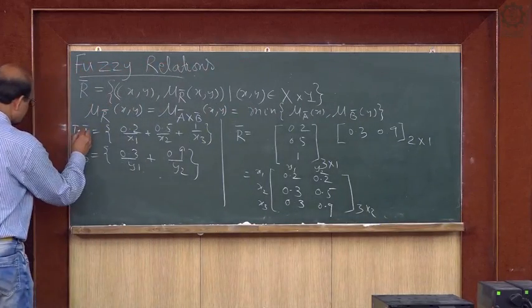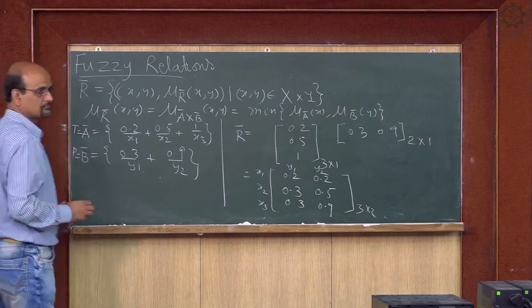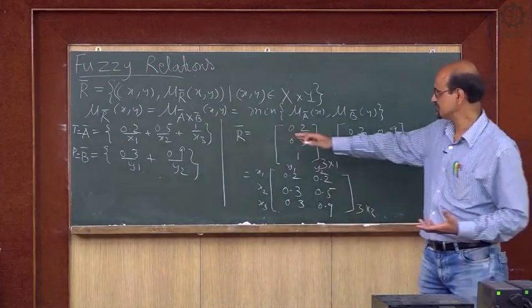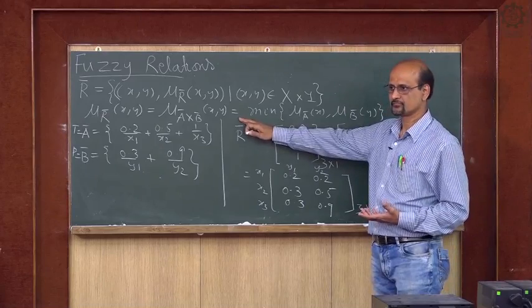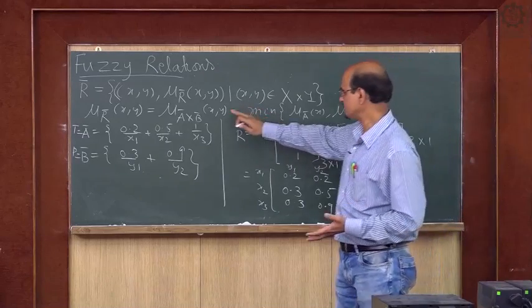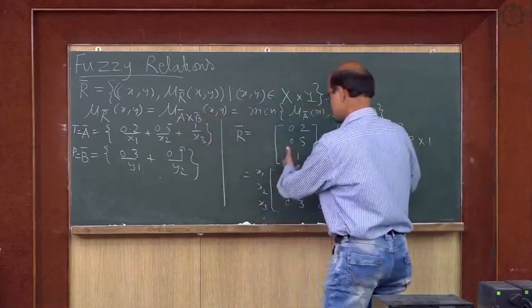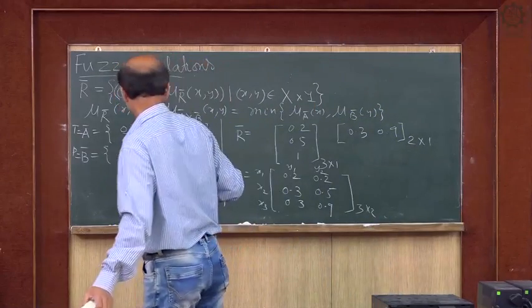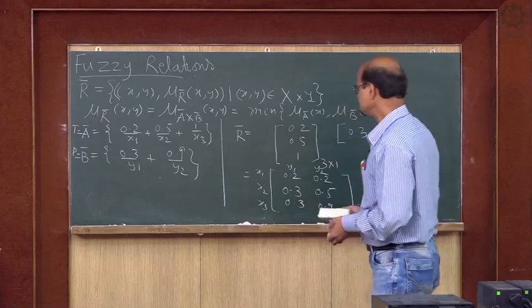We told yesterday this is your temperature, this is your pressure. So, the temperature pressure relation is this using this definition. Very simple: take the minimum values of these. We will take more examples afterwards, then it will be more clear.